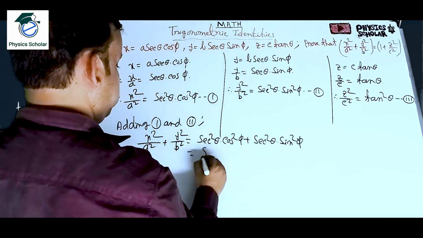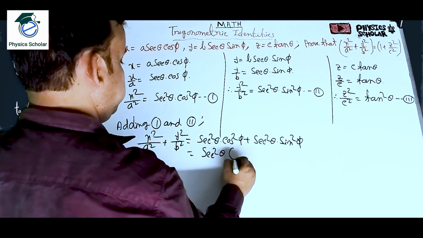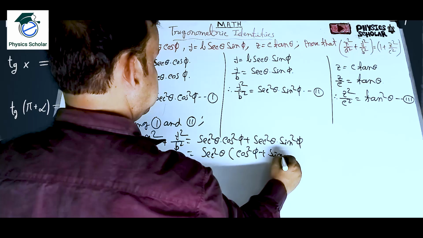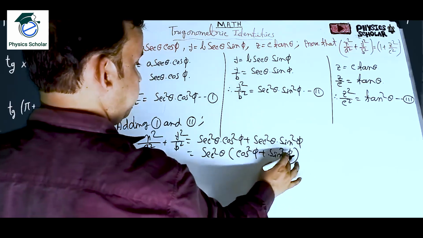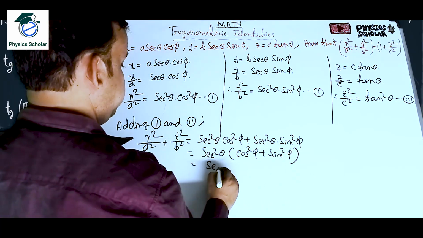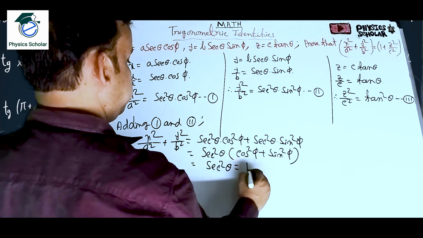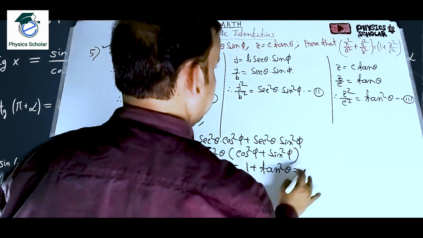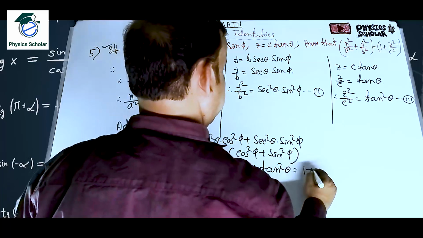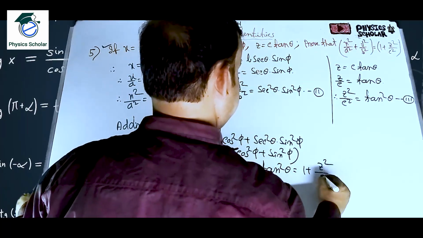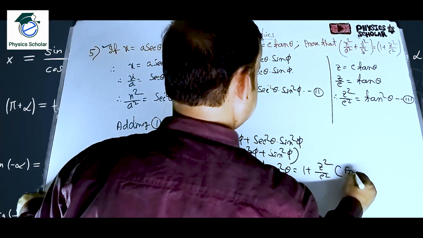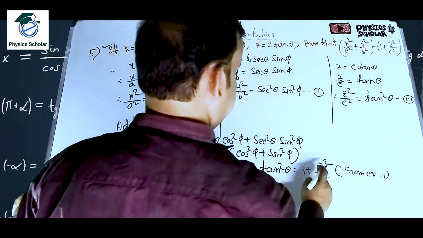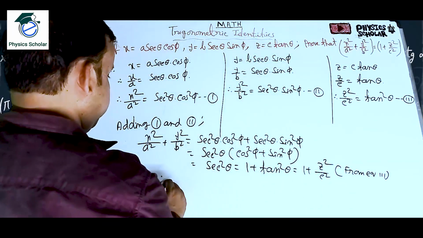Okay, so sec²θ is common, cos²φ + sin²φ. So cos²φ + sin²φ means 1. That means sec²θ, which is 1 + tan²θ. That means what is the value of tan²θ? 1 + z²/c² from equation 3. Clear? So 1 + z²/c². So that means what we can write?